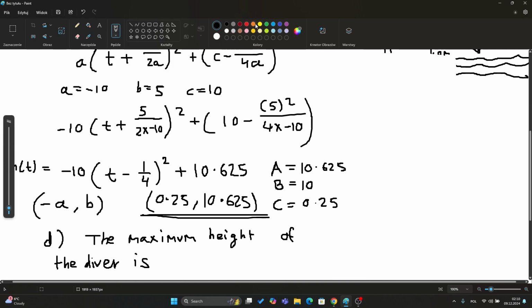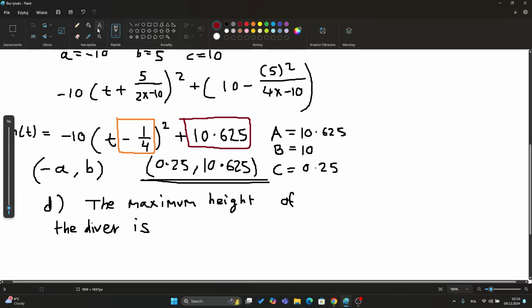So here we flip the sign of the 1 over 4 and we keep the 10.625. So the maximum height is 10.625 meters at 0.25 seconds.